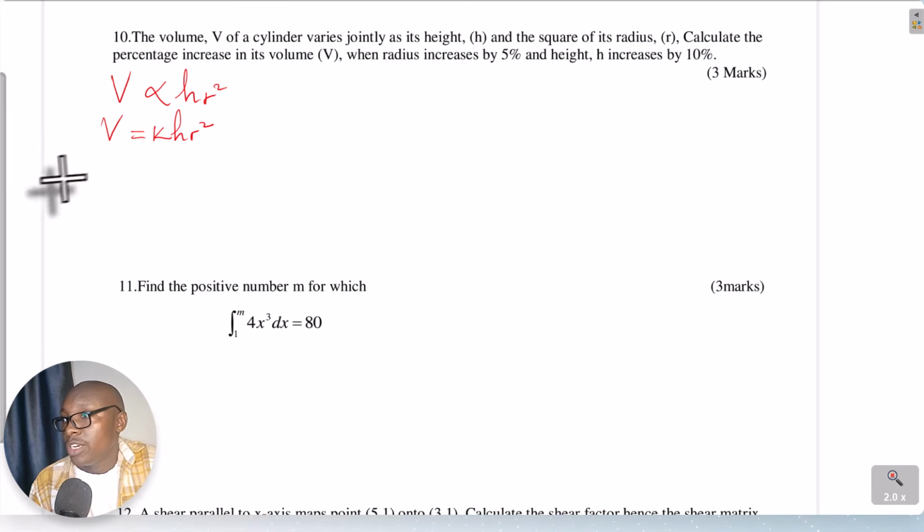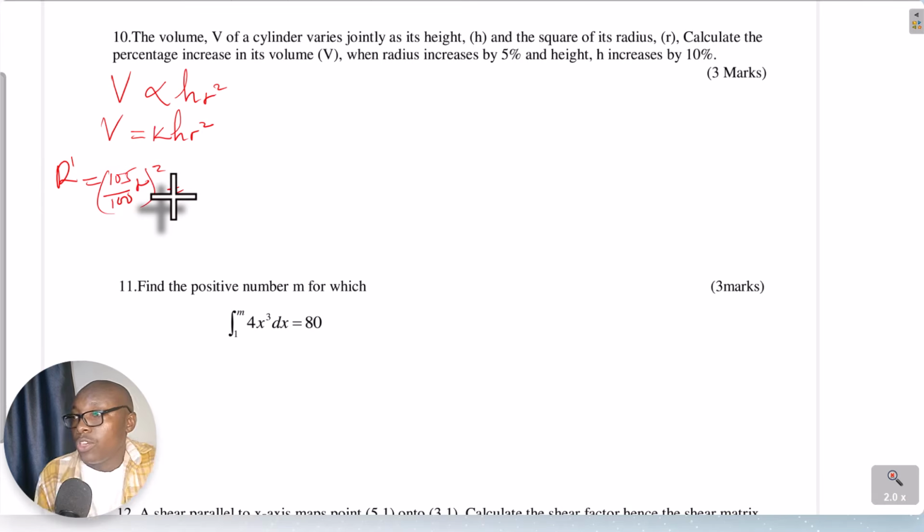So what will be the new radius? After the increase, it increases by 5%, so it will be 105% of r. And remember, this one has to be squared. So when you square that, this is 1.05 squared.